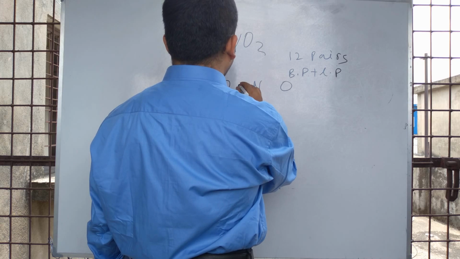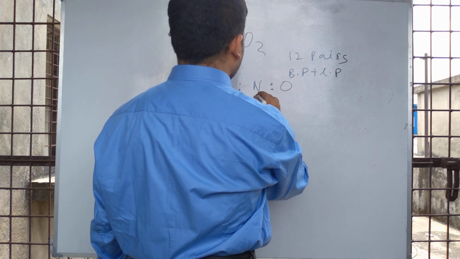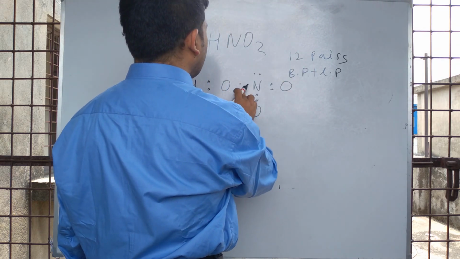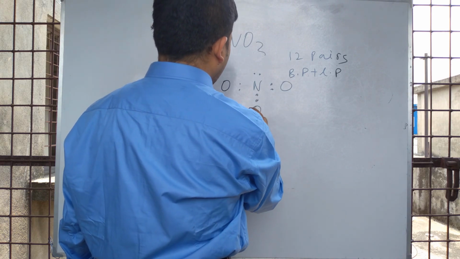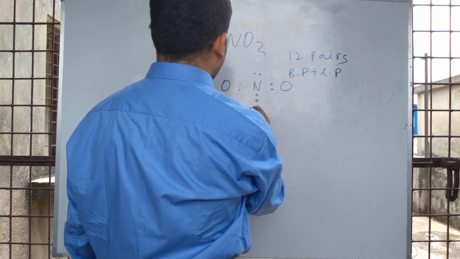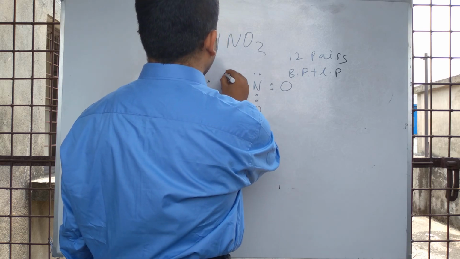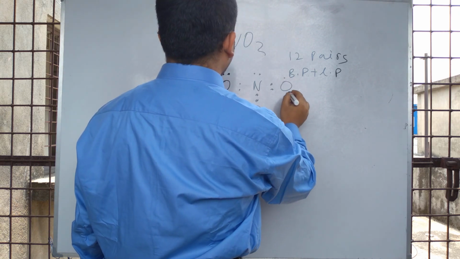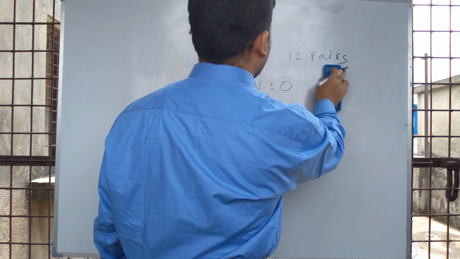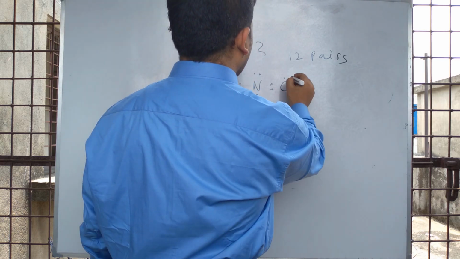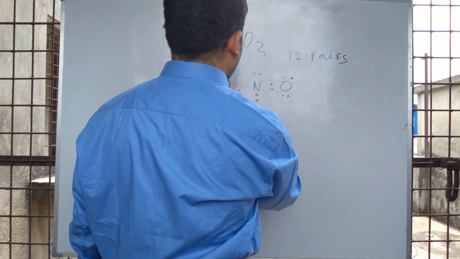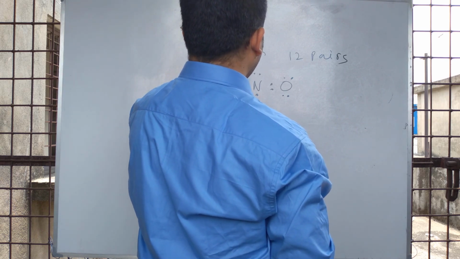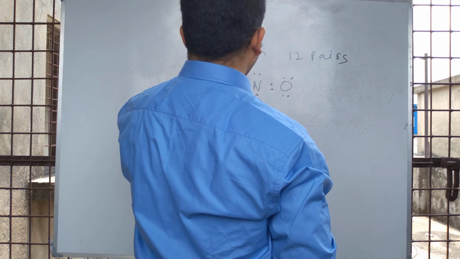How many pairs? 12 pairs. 1, 2, 3, 4, 5, 6, 7, 8, 9, 10, 11.